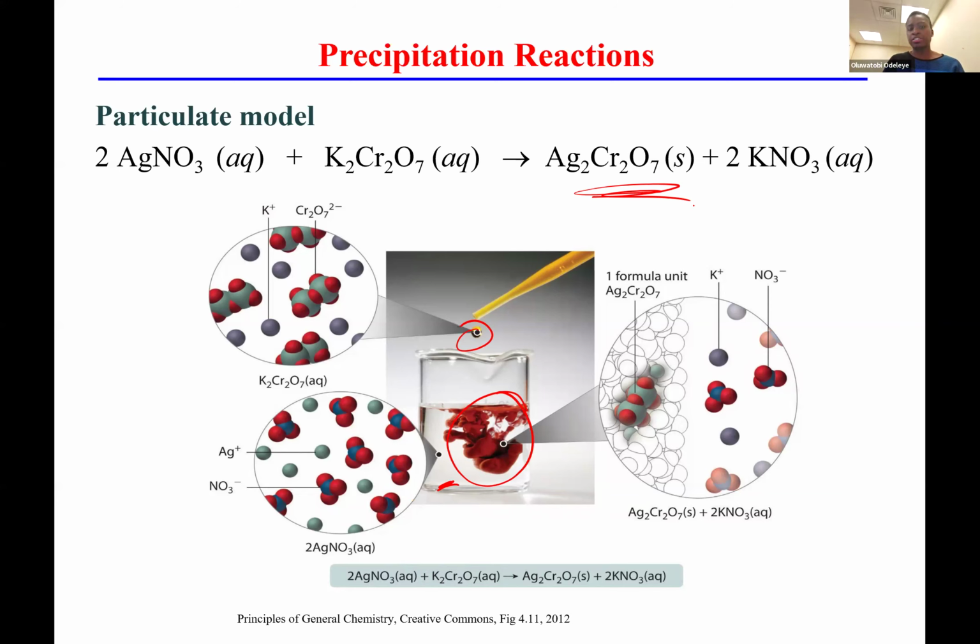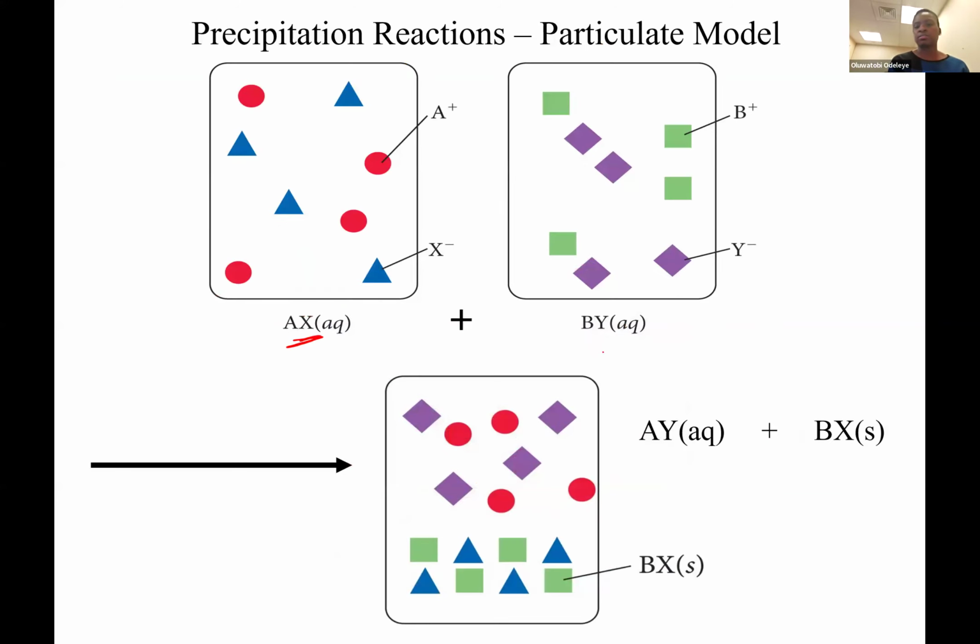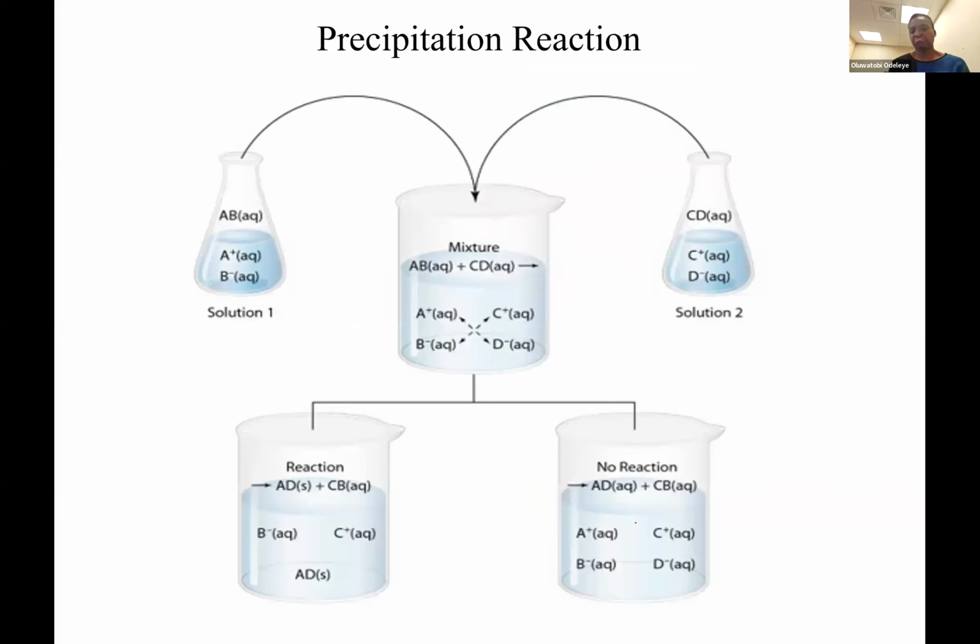Other ways to look at this, I have ions in here, and when they combine, so A and X, that's my first compound, B and Y, my other compound, when they combine and switch partners, I form AY, which is aqueous, and then BX, which is actually a solid. So this is a precipitation reaction. Another way to look at this, 2 clear liquids coming together to form my solid, precipitation reaction. If they all stay aqueous, then no reaction has happened.